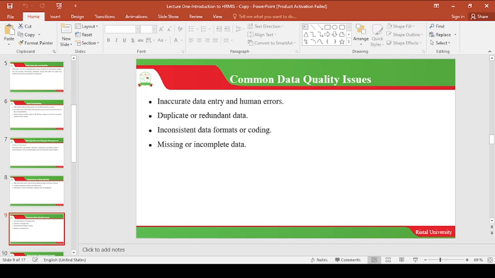Then the inaccurate data. How is the data inaccurate? For example, giving an incomplete name can be inaccurate data. You just write there Patrick. Patrick who? I have three names. If you write Patrick, maybe in an organization there is another Patrick, so it becomes a challenge.